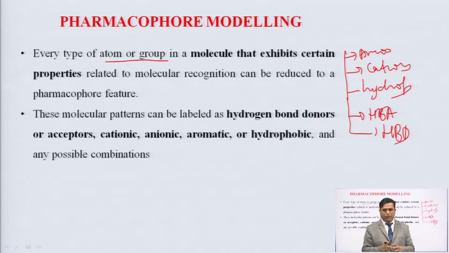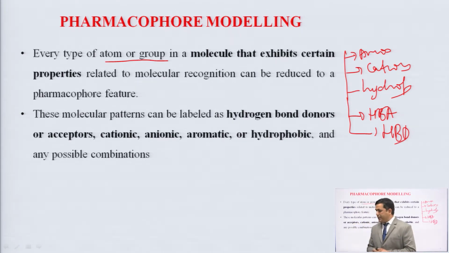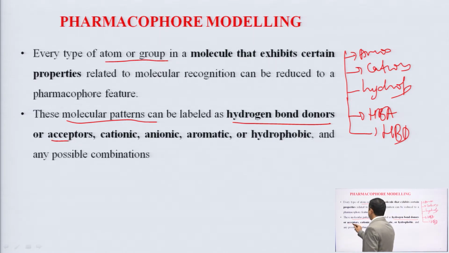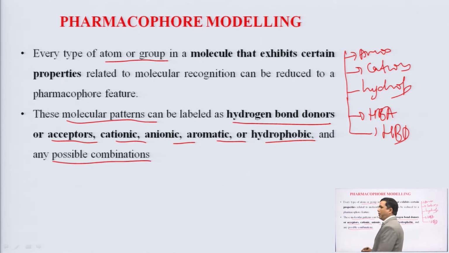Suppose we have a molecule with certain types of atoms or groups. In those, we have to determine the different properties related to the atom or group. This molecular pattern can be labeled as hydrogen bond donor, acceptor, cation, anion, aromatic, hydrophobic, and any possible combination.